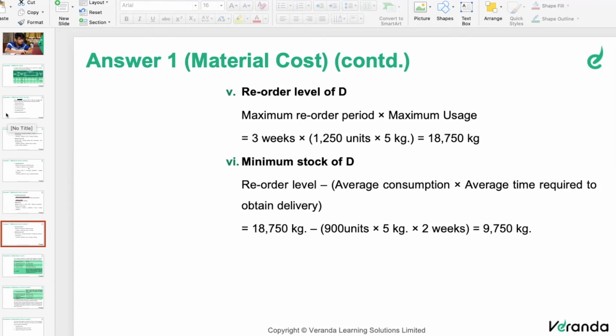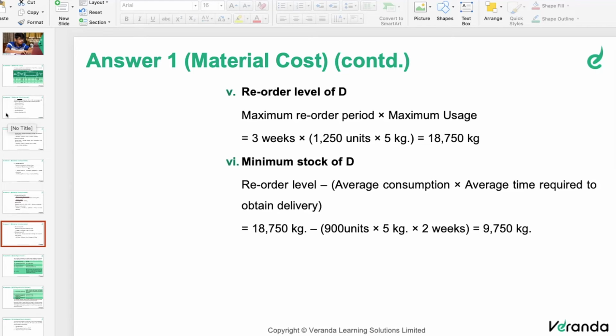Formula for minimum level, reorder level minus average usage into average lead time. Formula for average level, minimum level plus maximum level whole divided by 2 or minimum level plus half of the reordering quantity. Danger level, formula for danger level is minimum usage into minimum lead time or minimum usage into minimum time for emergency purchase. Are you with me?